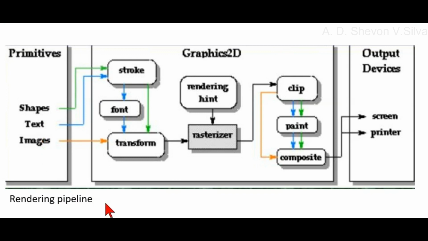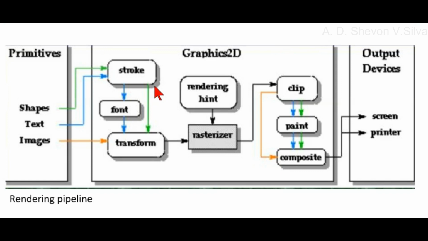In shape operations, step 1, if the operation is a draw shape operation, then the createStrokedShape method on the current stroke attribute in the Graphics2D context is used to construct a new shape object that contains the outline of the specified shape.